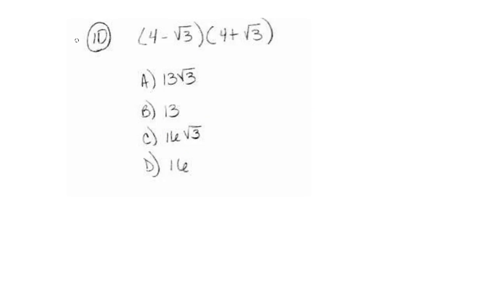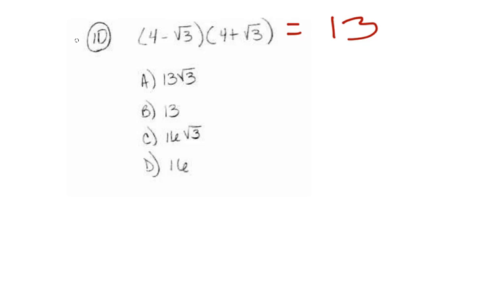Number 10 works the same. You take what they gave you, put it in your calculator, get a number. Then test each of your answers, see which one gives you the same answer. So pause this, take a minute, figure out what should be the answer. Should be 13.